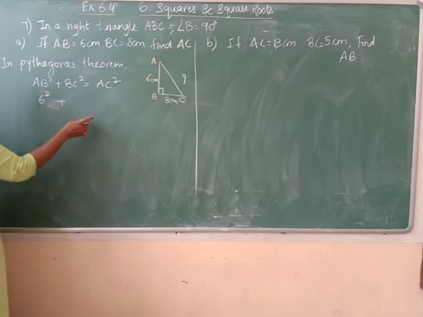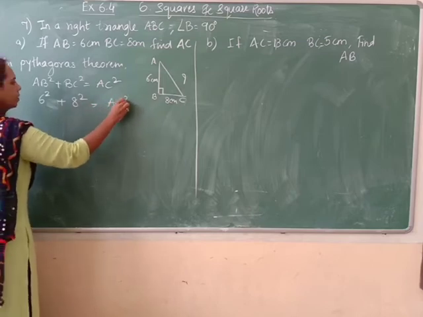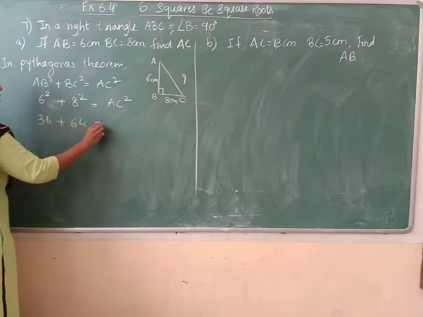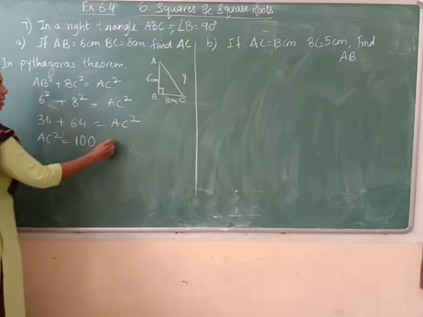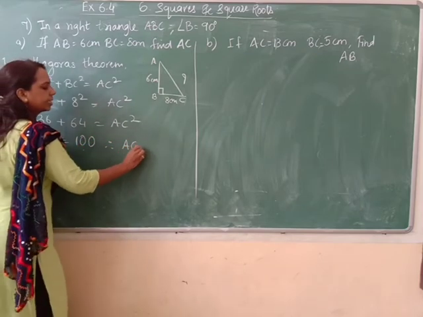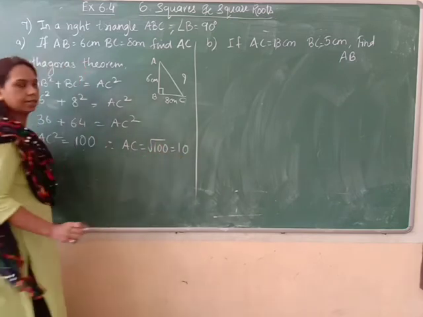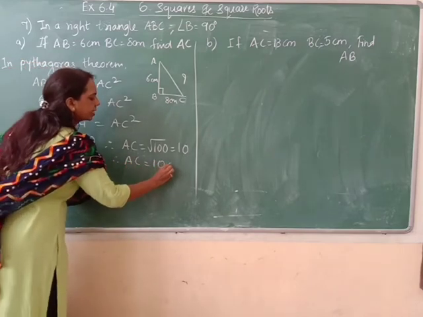And already we are having BC is 8 square and AC square. So when we add this, 6 square is 36 plus 64 is equal to AC square. So therefore AC square is equal to 100. Therefore AC is equal to square root of 100. It is equal to 10. So we can say that AC is equal to 10 centimeter.